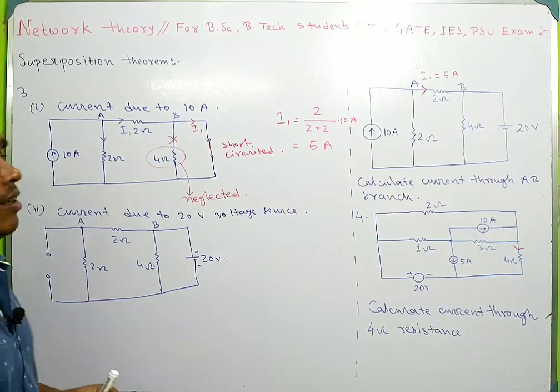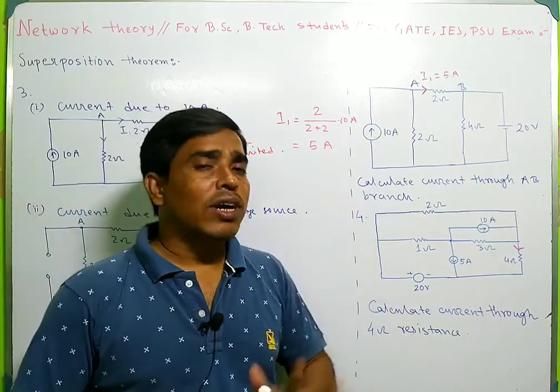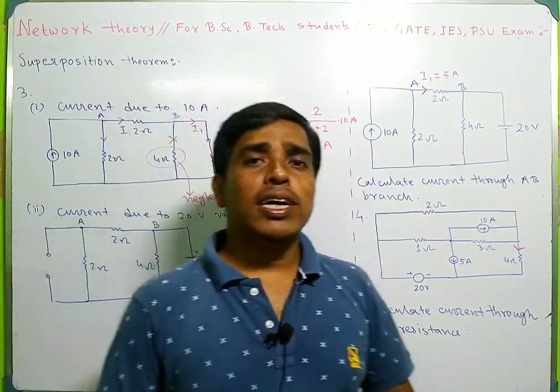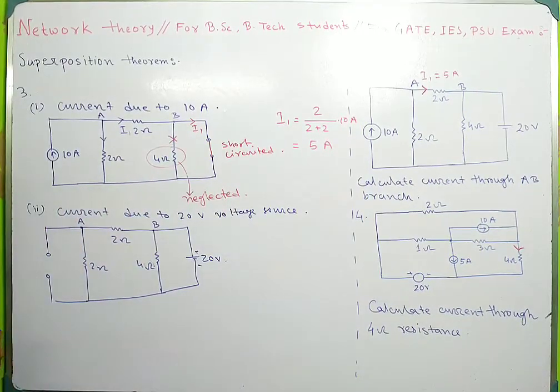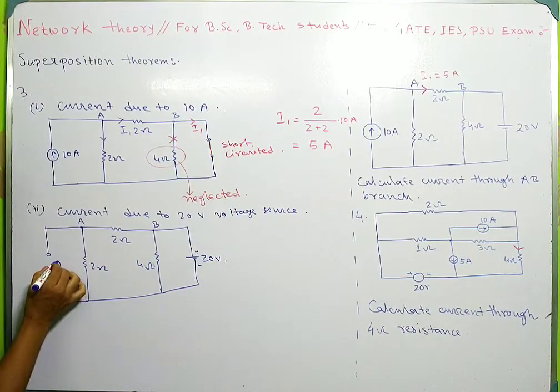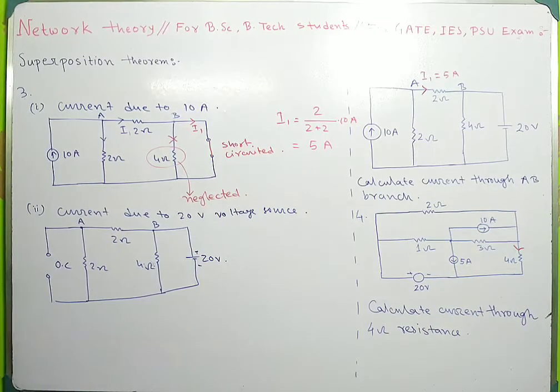Here this is a current source. A current source contains infinite internal resistance, that's why this must be open circuited. So no current will pass through this path. So this is open circuited.